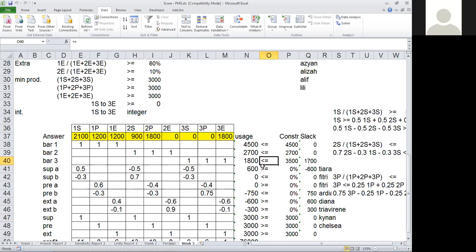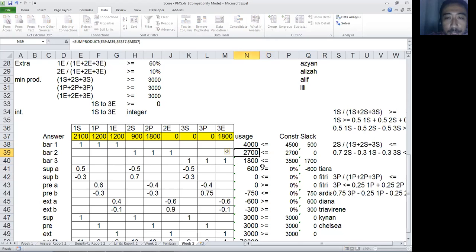So it's possible if the slack is negative? Yes, it's possible. Negative or positive depends on the sign, whether it is more than or less than. Of course, the usage can be less than 4,000. Let's say the usage is just 4,000, it's okay. The slack means the unused.